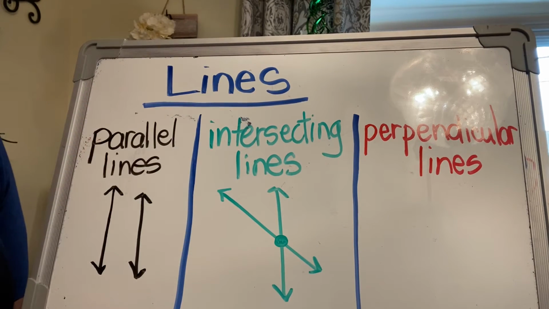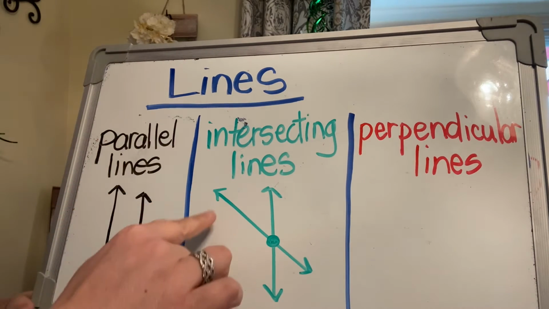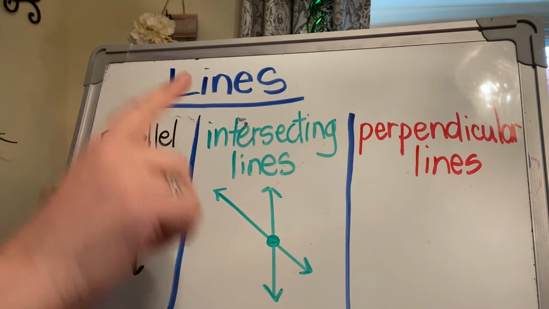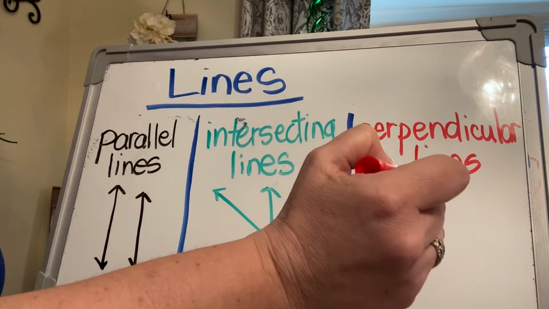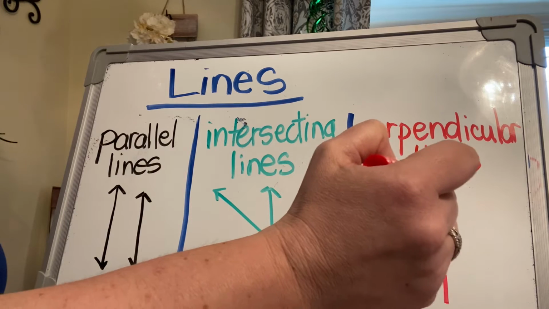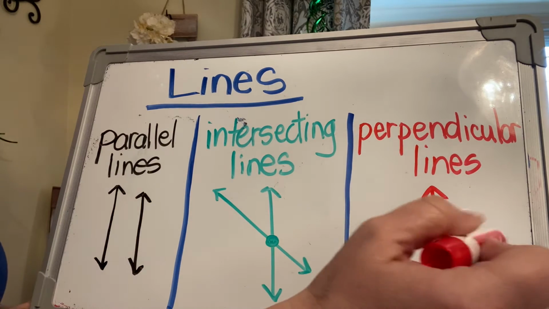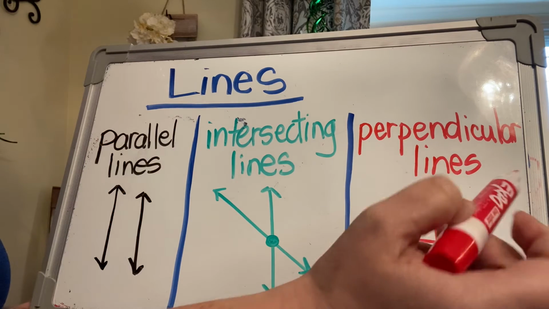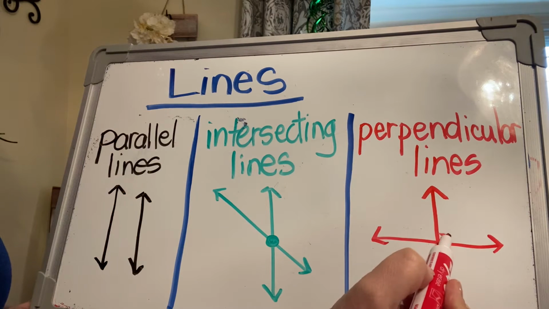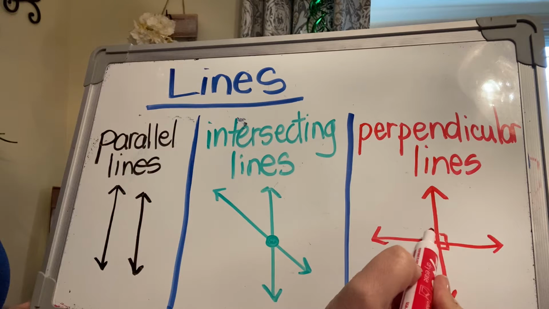The next type of line I want to talk to you about are perpendicular lines. Perpendicular lines are like intersecting lines. However, what they do is they form 4 perfect squares. So 4 what we call right angles. There's a square in each corner.